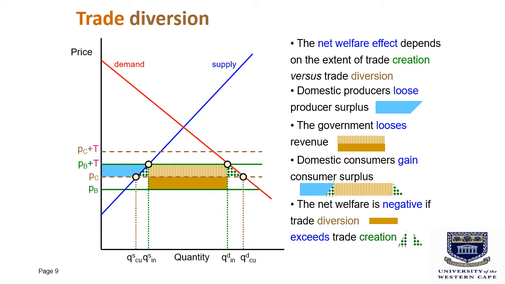And so now we've shown that entering into a trade agreement with a least efficient or more costly producer actually leads to trade diversion, and not trade creation that could have occurred if we had entered into a trade agreement with country B.